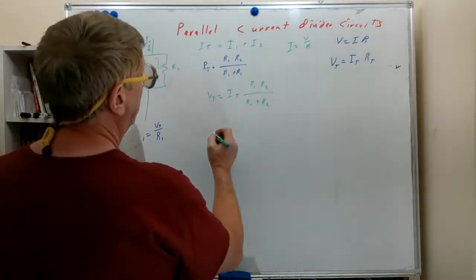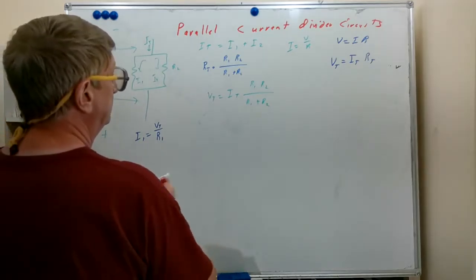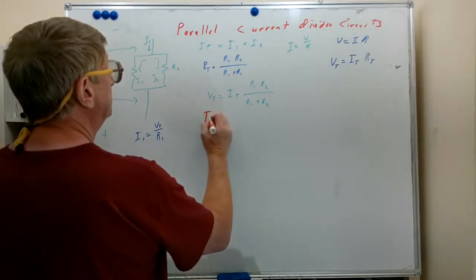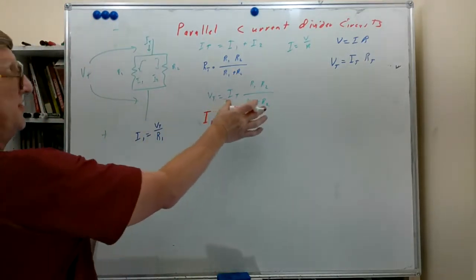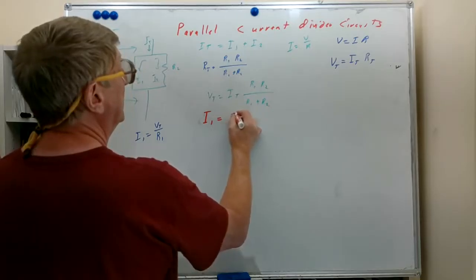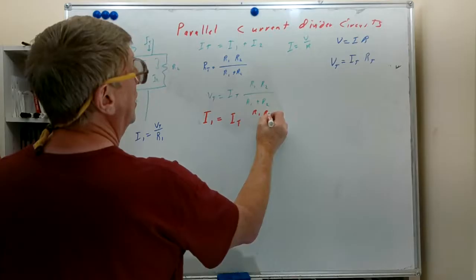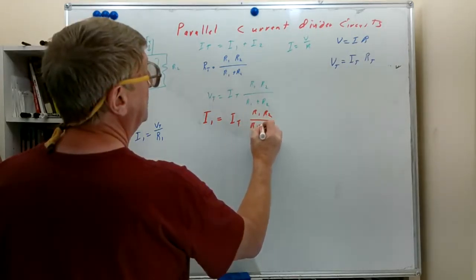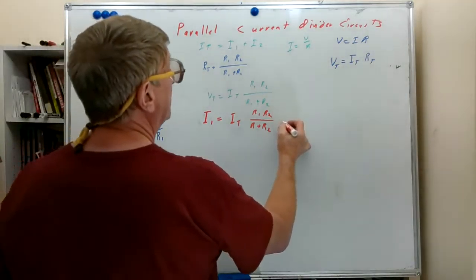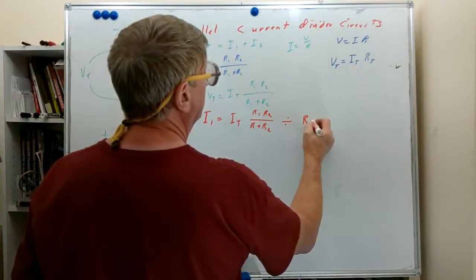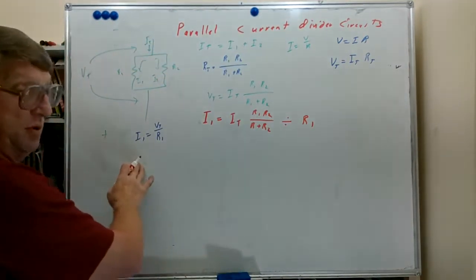So let's say that I1, using this formula, we're substituting in this value for Vt, which is It times R1 R2 over R1 plus R2, but we have to divide it by R1. So here we have an expression to represent this I1 that we're trying to find.